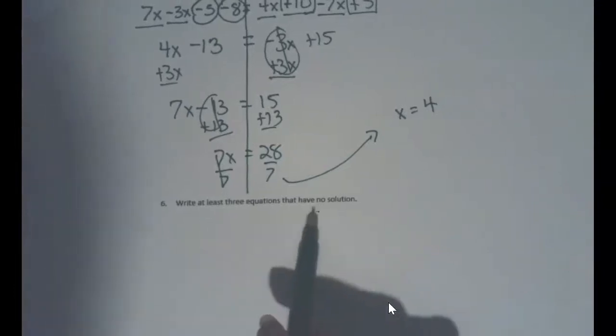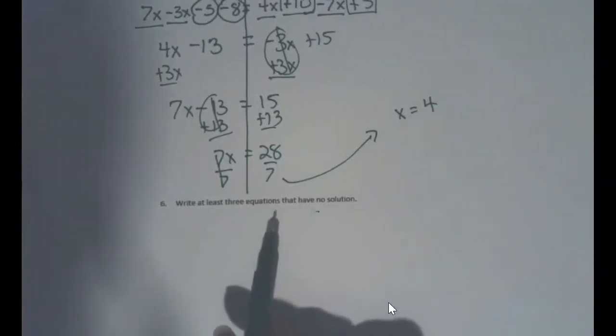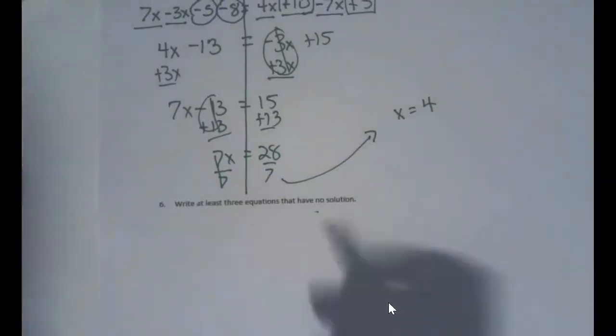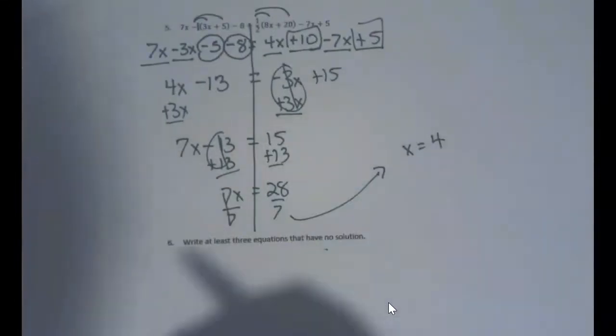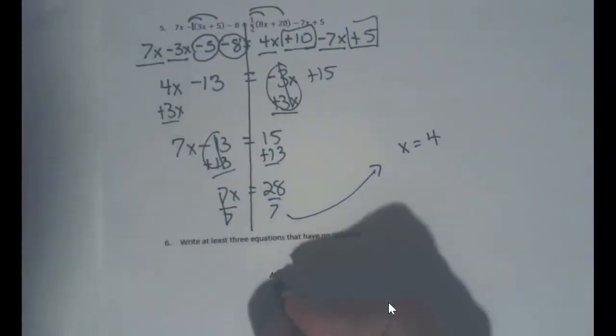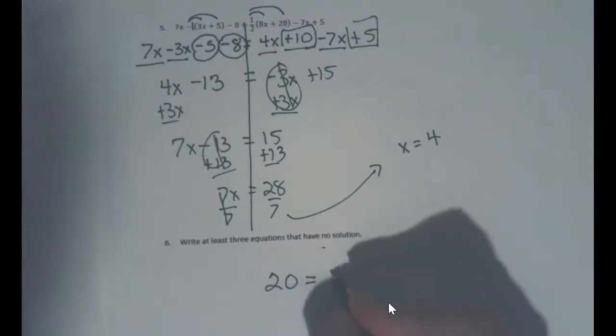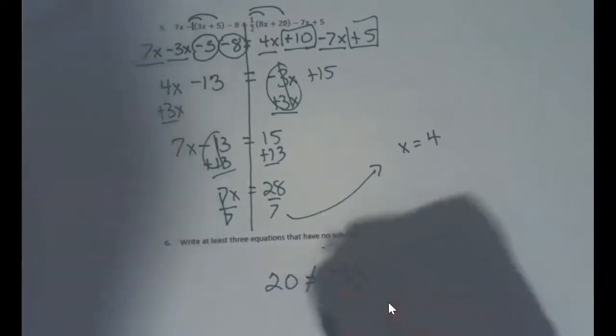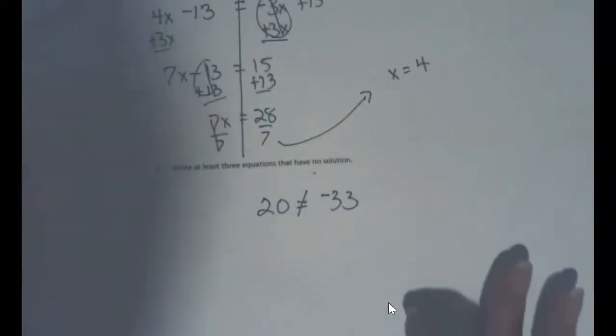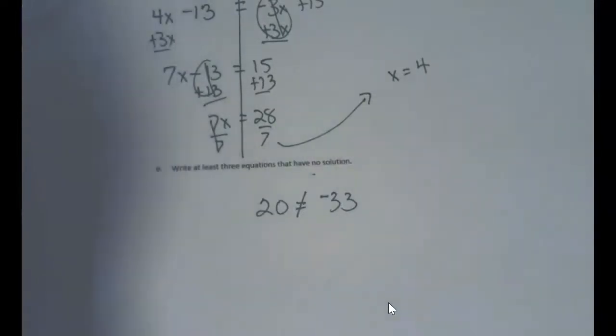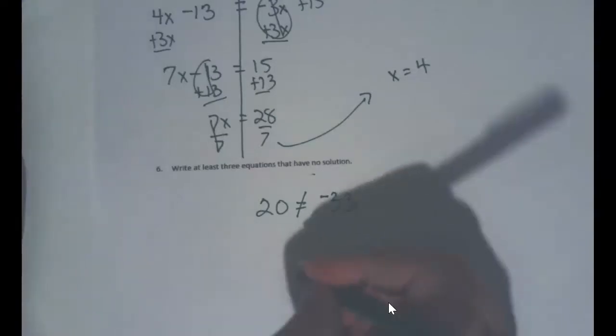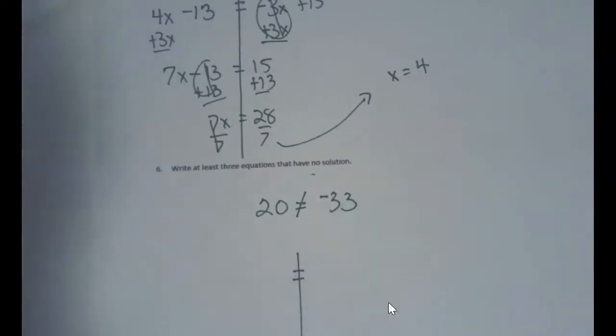Now, we're going to write 3 equations that have no solution. So if you think about how you end up with no solution, it's things like 20 is equal to -33, which is a lie, so that can never be true. So how do we make that happen? Well, what we need to be true, these are the two sides of the equation.